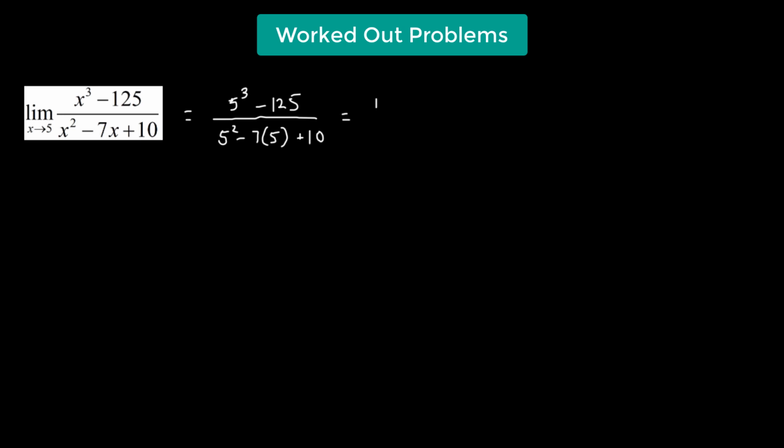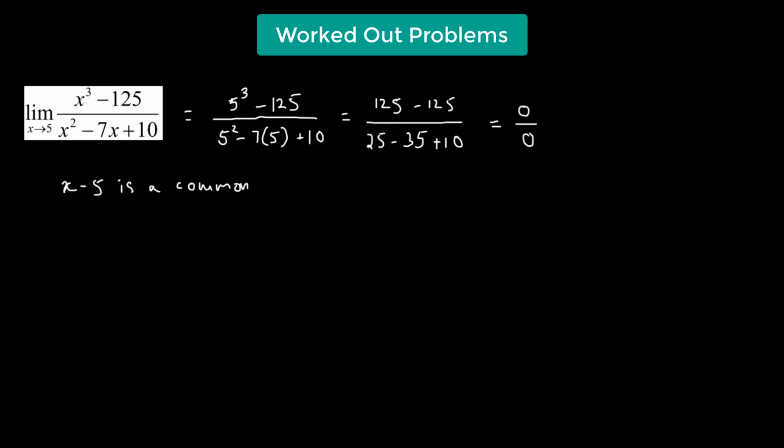So 5 cubed will be 125 minus 125, divided by 5 squared, which is 25, minus 7 times 5, which is 35, plus 10. So this is giving us an indeterminate form, 0 over 0. So that means x minus 5 is a common factor in both the numerator and the denominator. So we have to get rid of it.